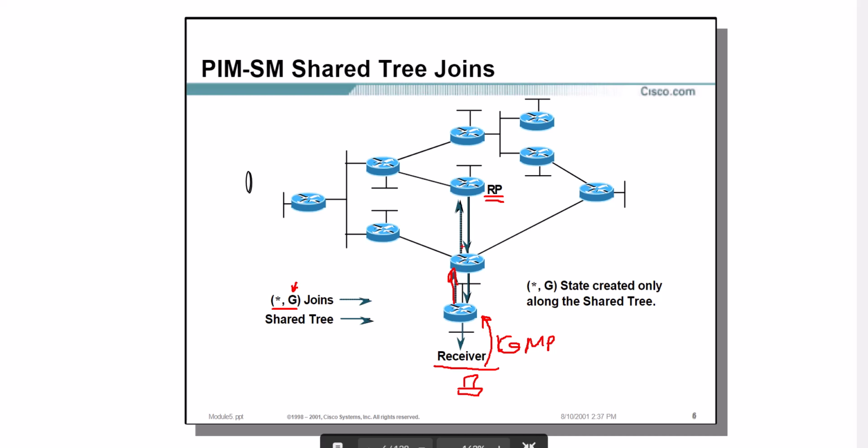This message will travel upstream all the way towards the rendezvous point, hop by hop, and each router on the way will learn, okay, I need to start forwarding multicast traffic for this specific group G. This will reach the rendezvous point, and then the rendezvous point will start forwarding traffic towards this branch, right? And because each router learned this information, they will also be forwarding traffic towards the receiver. Okay.